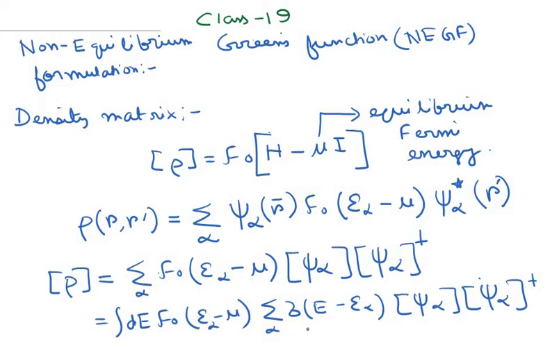Now this part over here, as you can understand, is the local density of states inside the channel. So this is the LDOS, local density of states inside the channel at energy E. This entire part, including the summation, is the local density of states inside the channel at energy E.